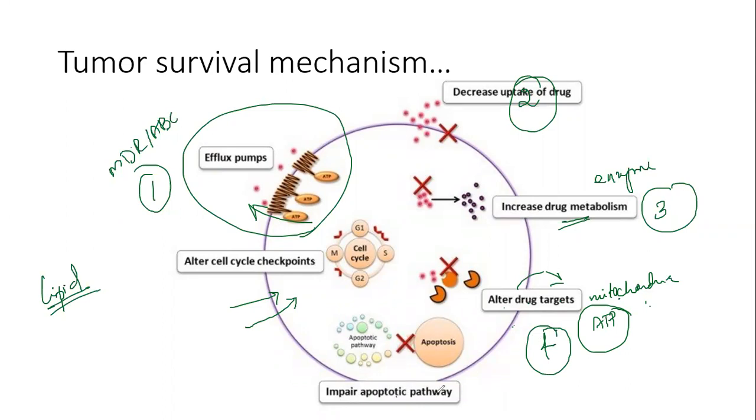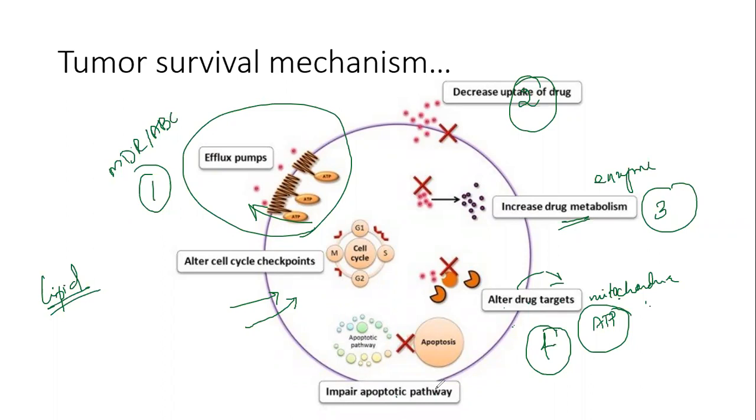Impair the apoptotic pathway. So the cell does understand कि अब मैं control में नहीं हूँ. Okay, I am not following the cell cycle checkpoints and I am just behaving abnormally. The cell does understand this, but to make sure that it is not proliferating continuously without any check, we have got the apoptotic proteins.